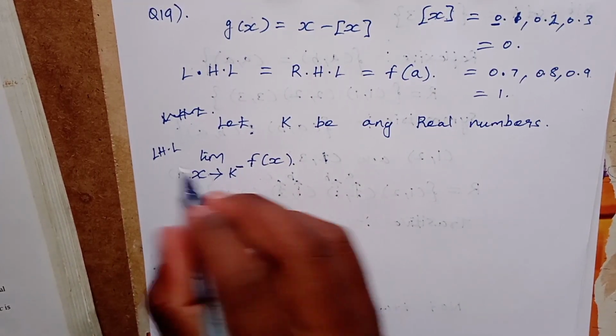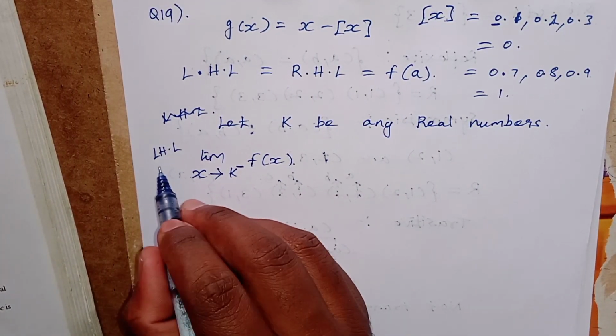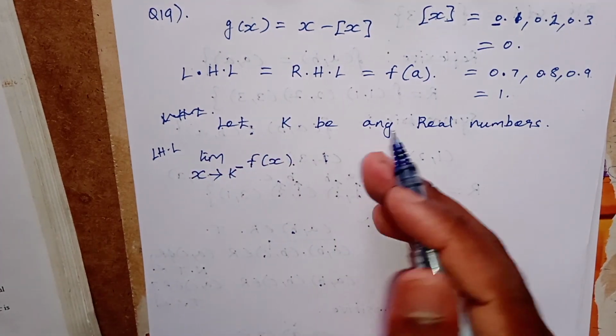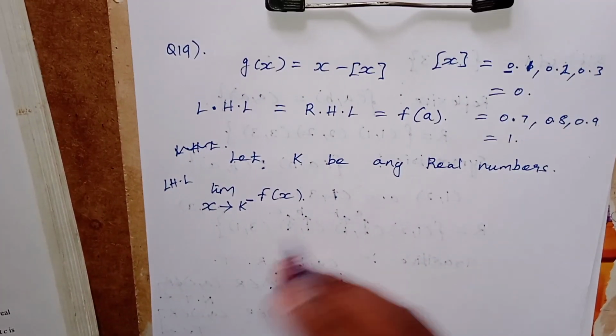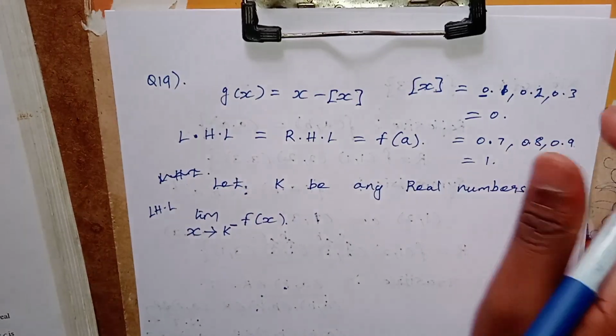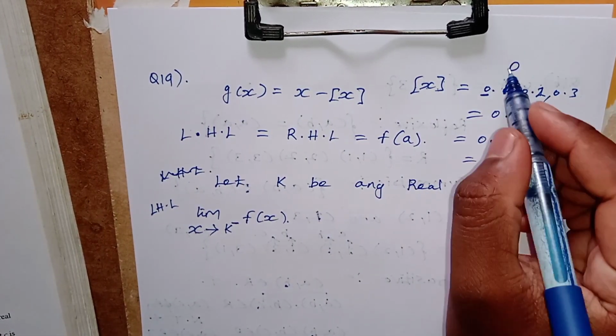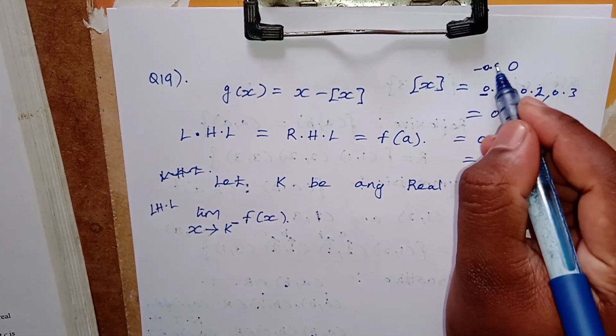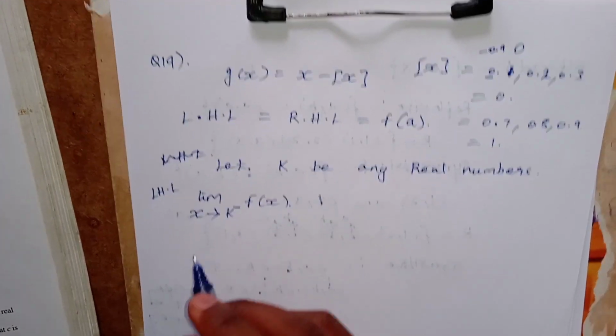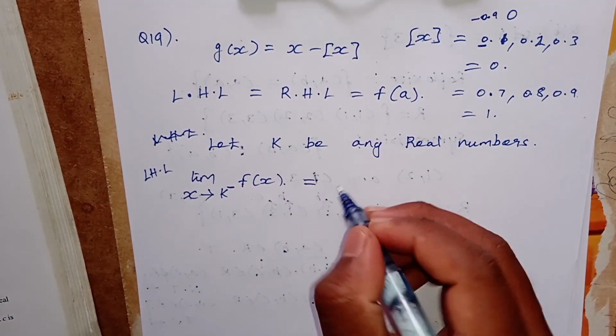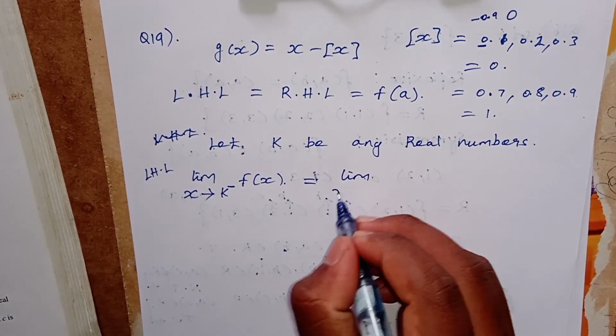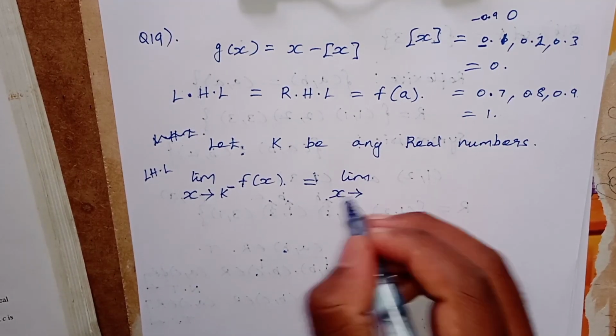Here k minus, because my limit is the left hand limit. We have to choose just less than. If 0 is my function value, then I have to choose minus 0.9, like that. Therefore limit x tends to k minus.